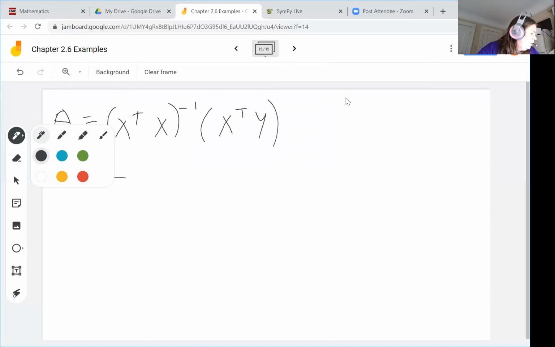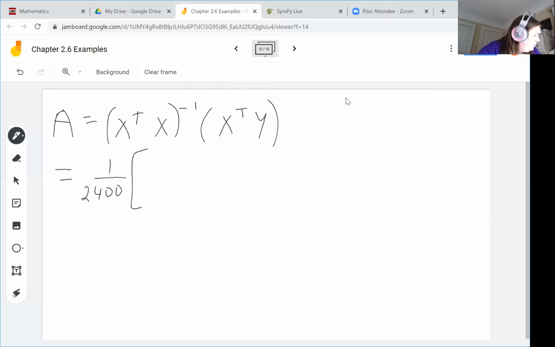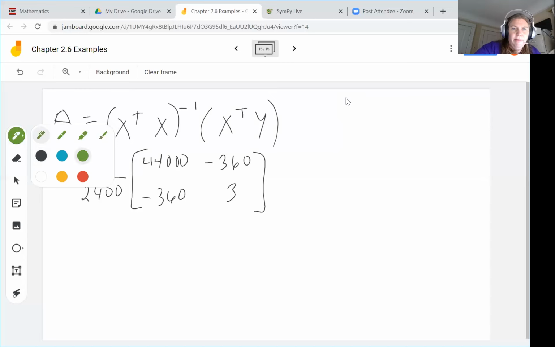So this is 1 over 2,400, if you factor out the fraction part, times the 44,000. And you get negatives on these opposite diagonals. Since it was a 2 by 2 matrix, we're just able to use our inverse formula for 2 by 2 matrices. This is the determinant calculation, 1 over that diagonal multiplication and subtraction, and then the values flip on one diagonal, and then the other values switch signs.